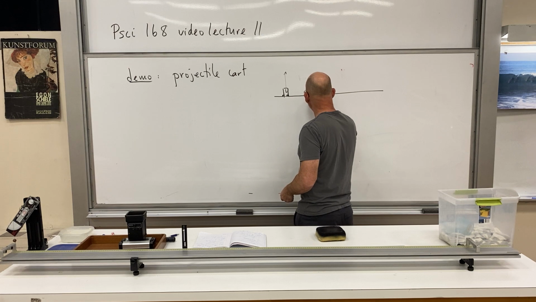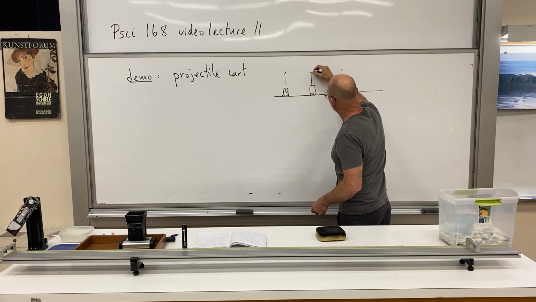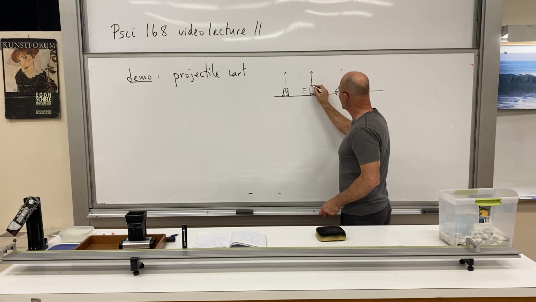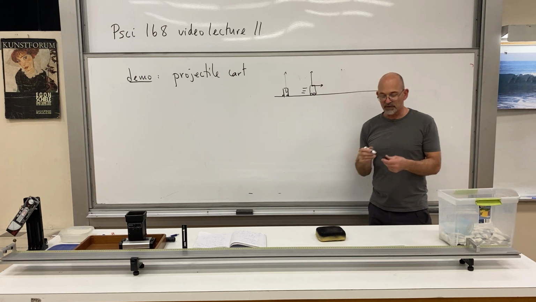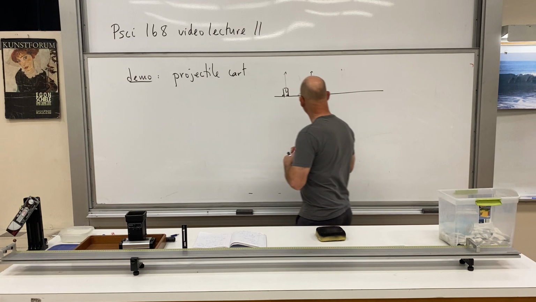If the cart is moving, then the straight up in the air motion, I'll indicate motion, is combined with a horizontal motion. And since we've studied vectors, we see what's happening here.